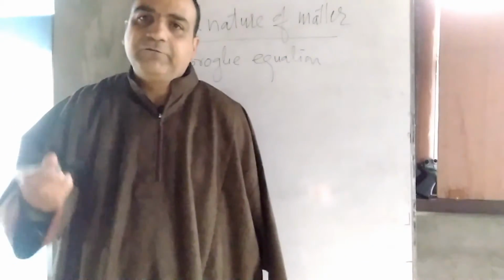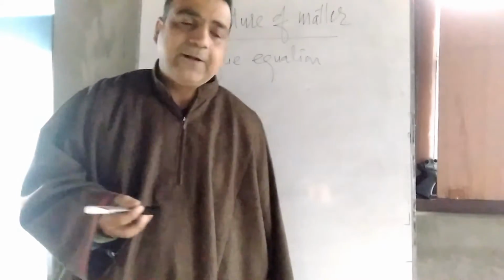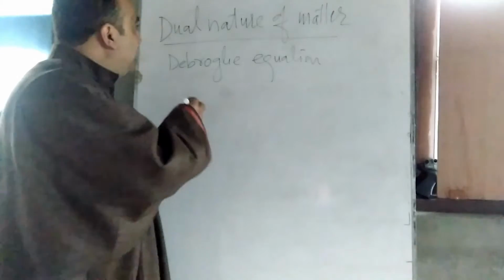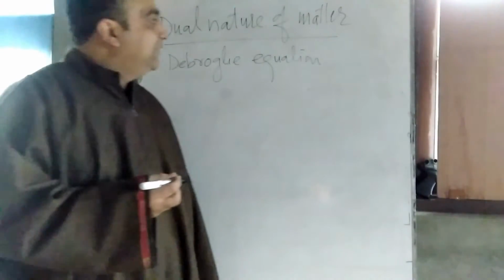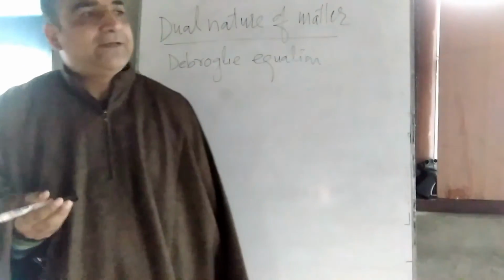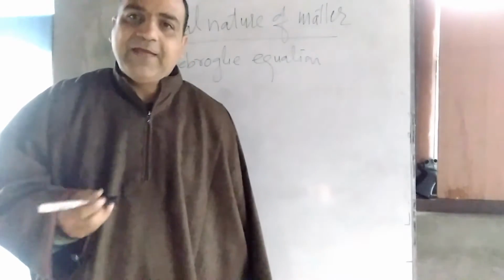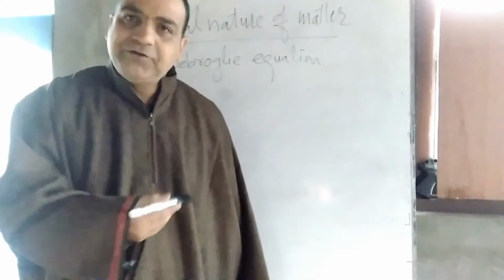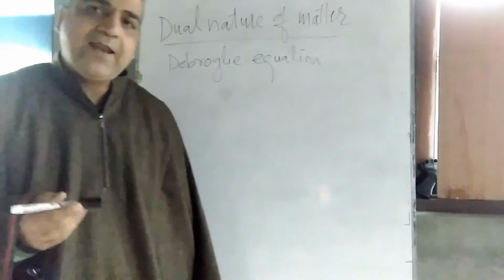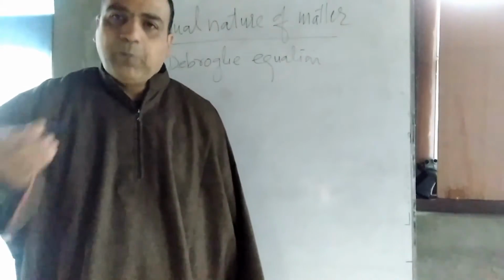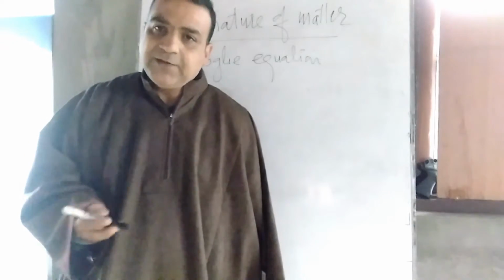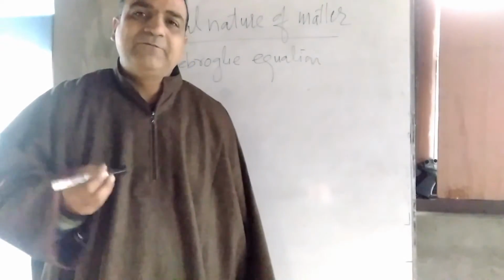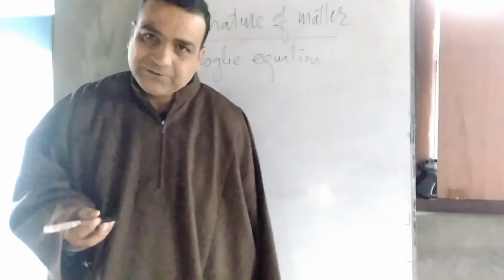So with this breakthrough in the field of physics, de Broglie suggested that if radiation can have a dual nature, wave nature under certain circumstances and particle nature in other circumstances, the same thing should hold true for material particles.